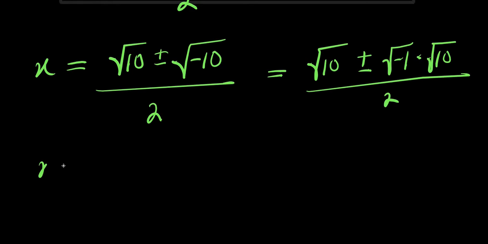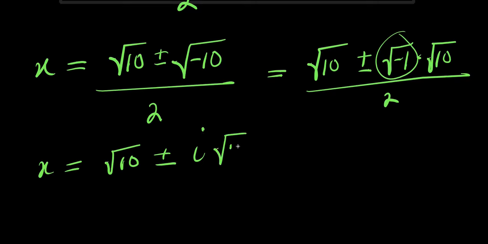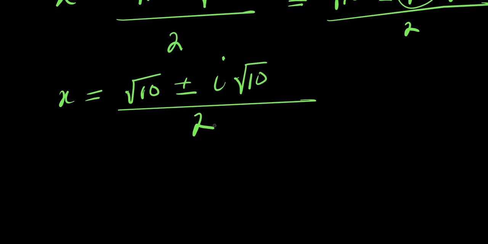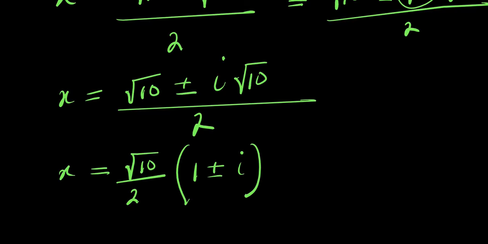So from here, x equals root 10 plus or minus, the square root of negative 1 here is i, times the square root of 10, divided by 2. I can factor out root 10 over 2. x equals root 10 divided by 2 times 1 plus or minus i.